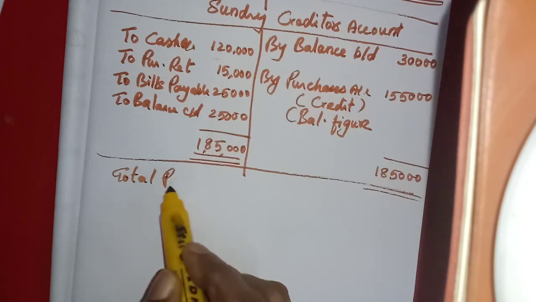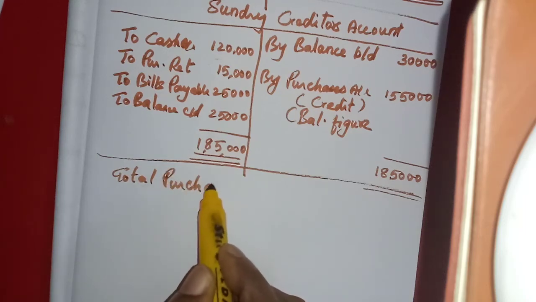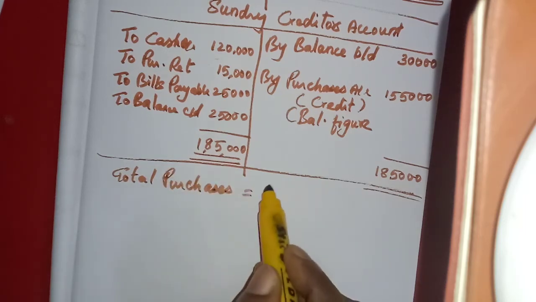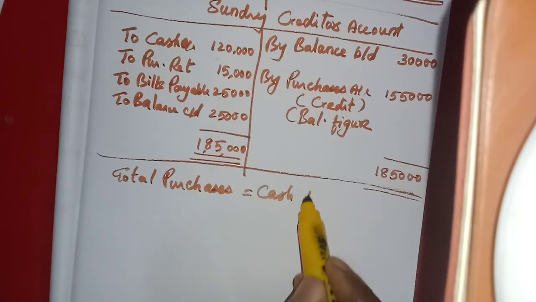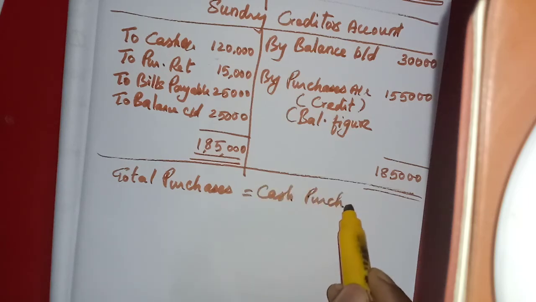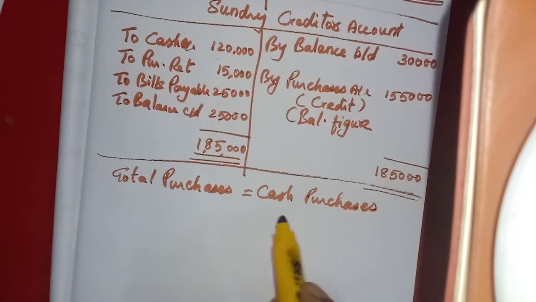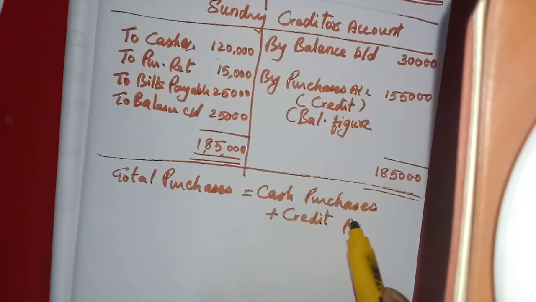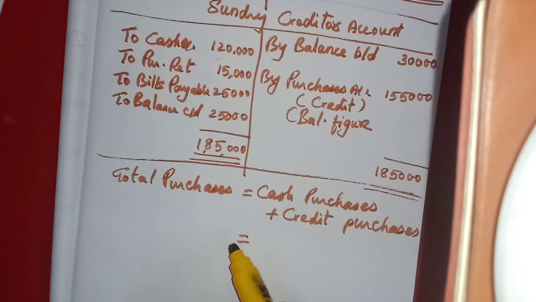So total purchases is equal to cash purchases plus credit purchases. Cash purchases, how much given? 2,25,000.